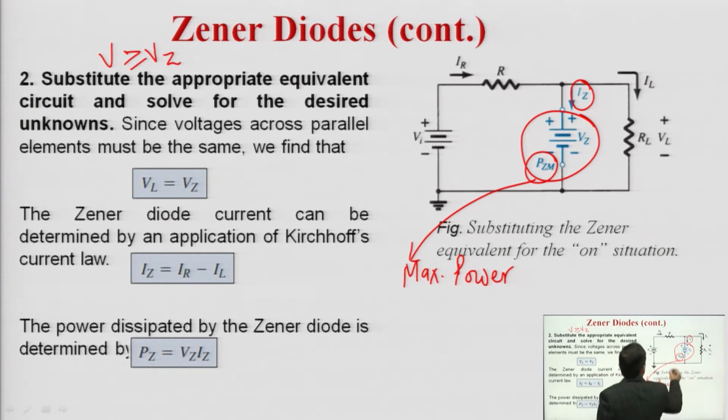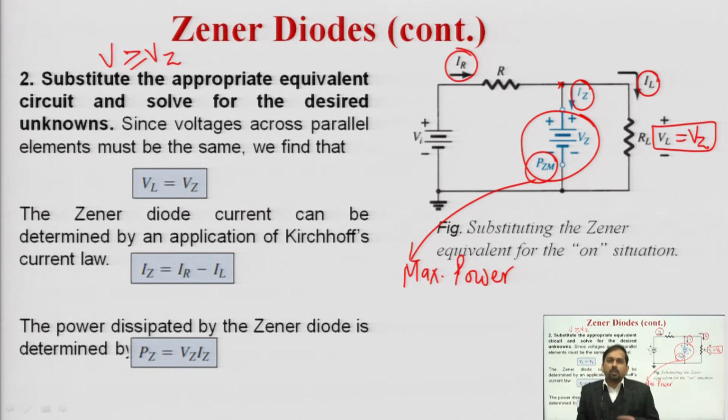So, once this diode is on, VL is naturally equal to Vz. Whatever is the Zener voltage corresponding to the diode, that will be equal to the load voltage. After that, with the help of KCL at this particular node, IR is the incoming current and IZ and IL are the outgoing currents. So, naturally IR is equal to IZ plus IL because of the KCL.